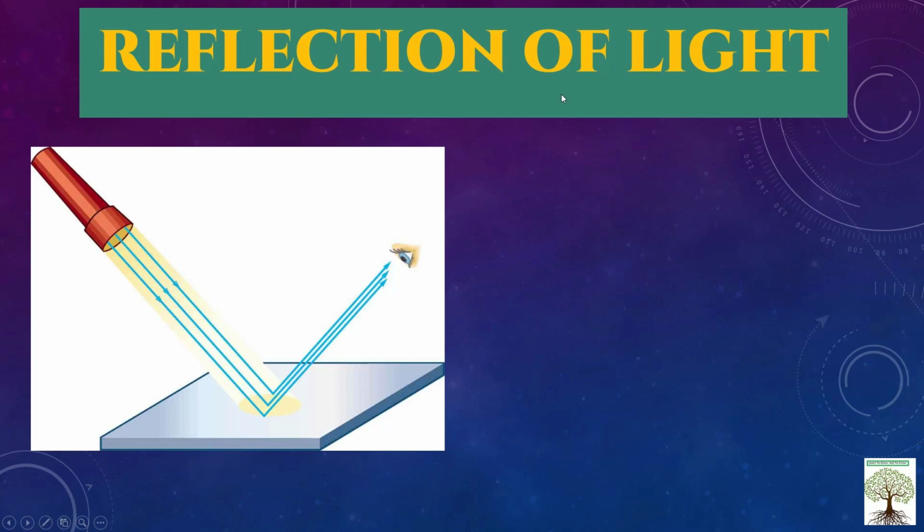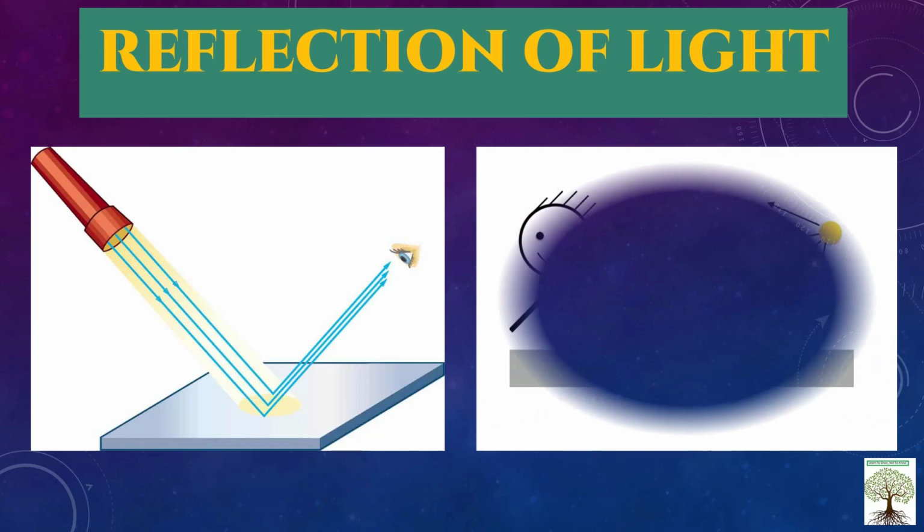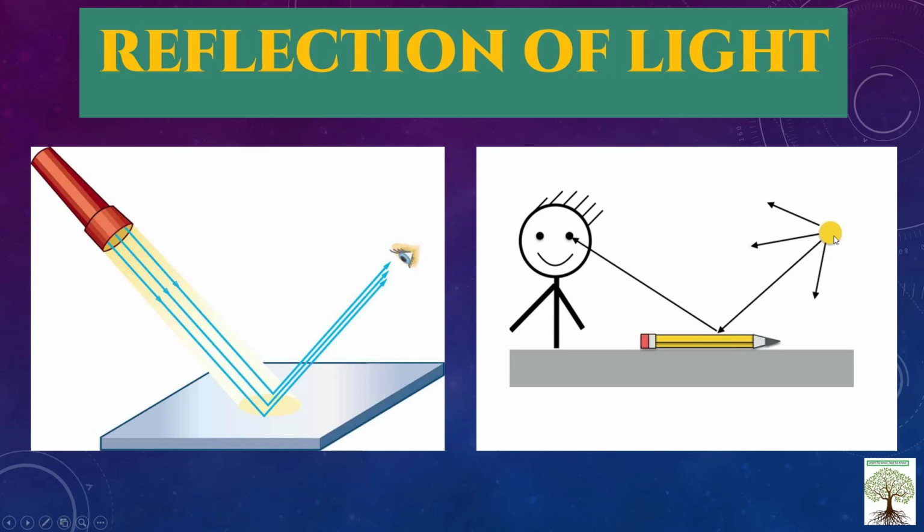This is the property of light, reflection of light. In this picture we can see that sunlight is falling on this pencil and the pencil reflects this sunlight back into the eye so that we can see the pencil. This is the property of light, reflection of light.